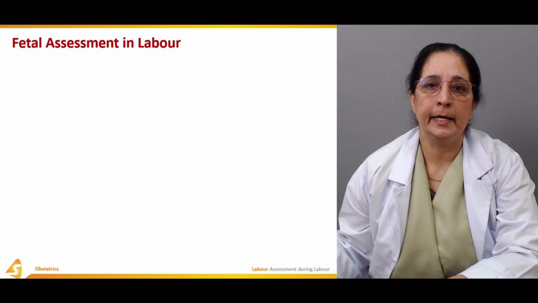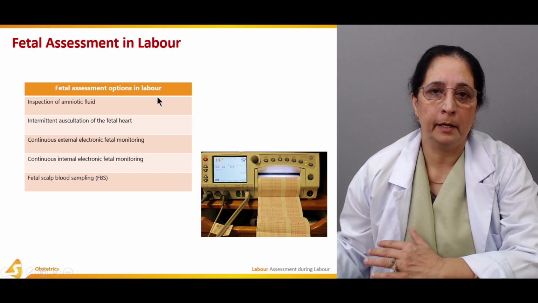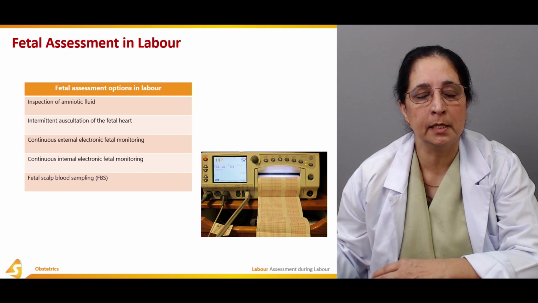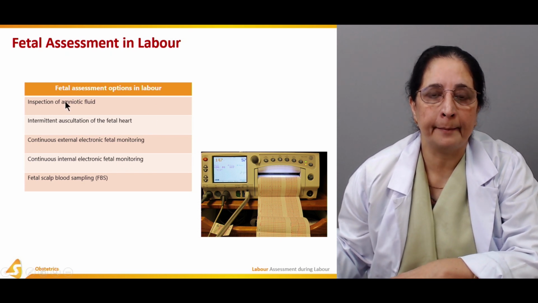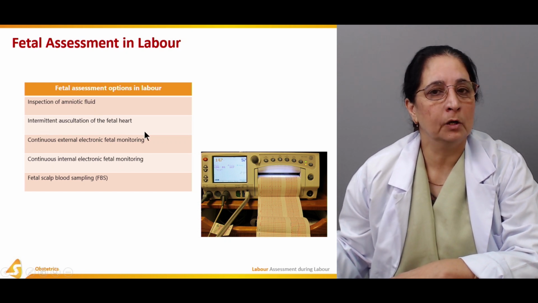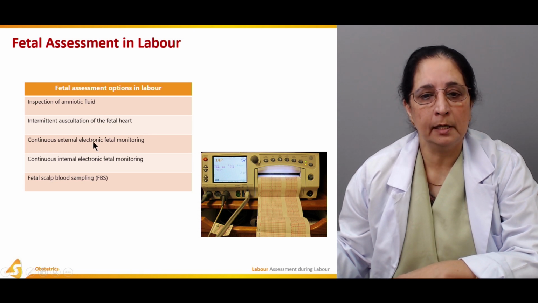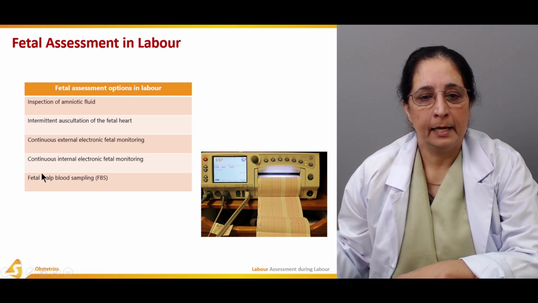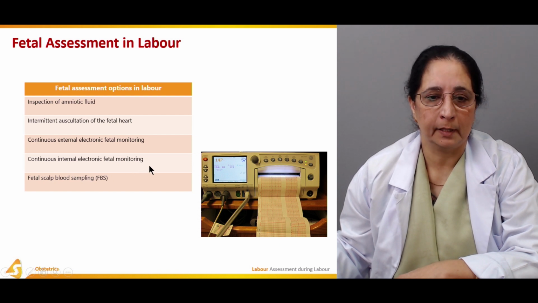Fetal assessment in labor. Fetal assessment options in labor, the few things that should be constantly monitored or assessed are inspection of amniotic fluid, intermittent auscultation of fetal heart, continuous external electronic fetal monitoring, and continuous internal electronic fetal monitoring.